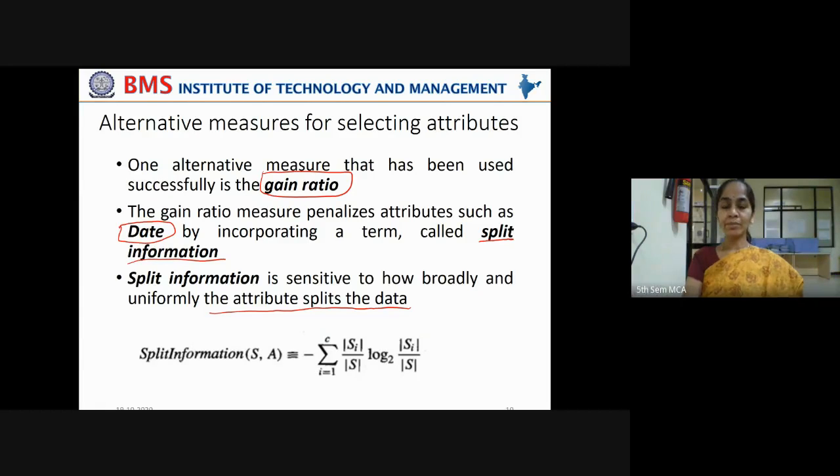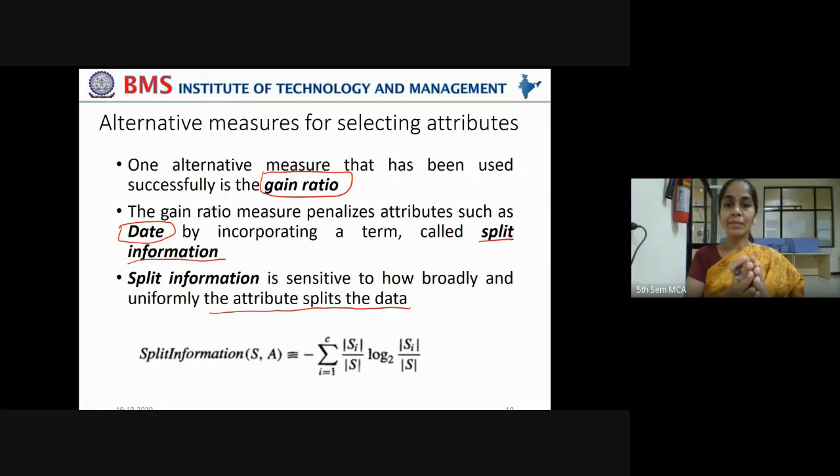If the attribute splits the data narrowly, meaning the training examples on the leaf nodes are very few. On this date, only two matches are played, so only those two matches are classified. On another date, only 3 matches are played, only 3 matches are classified. What is happening here?